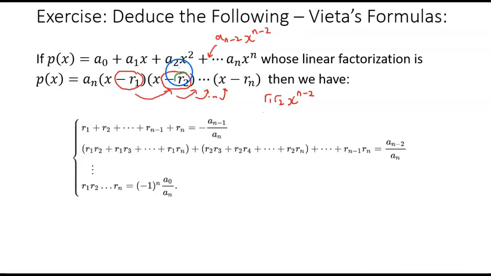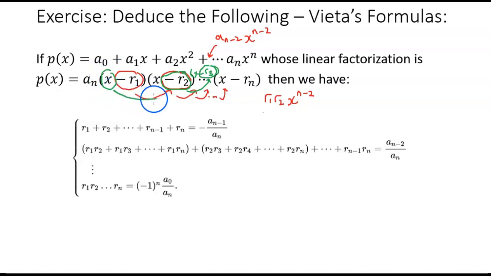Now we could do the same thing for r2 and r3. So we could go, don't forget to include the negative, negative r2 times negative r3, which would be in there somewhere. I'll write the bracket like that, x minus r3. So negative r2 times negative r3 would be included in our product. And the first one we're not including r1, because we want x to the power of n minus 2, so we'll take the x from here.